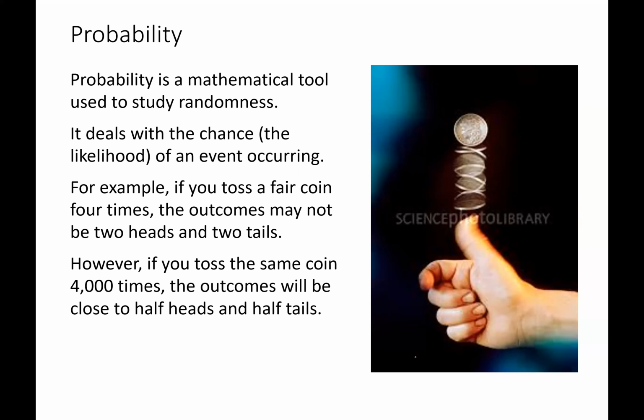Should you get the same likelihood of getting a head or a tail? It's 50-50. It should be. But on a small sample, flipping it twice, you may or may not get one head and one tail. Now, if you flip it 1,000 times, probability says that if it's a balanced coin, you should get approximately 500 heads and approximately 500 tails.